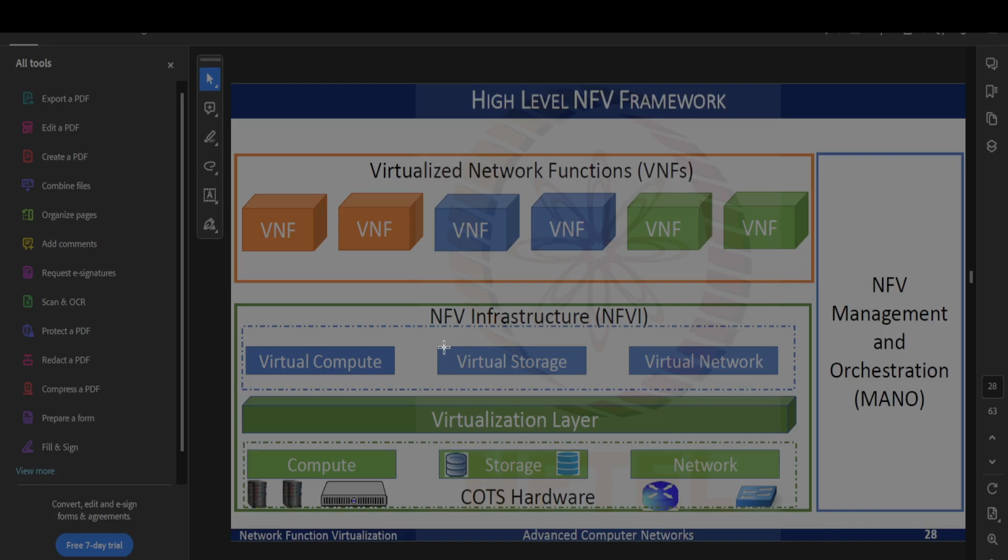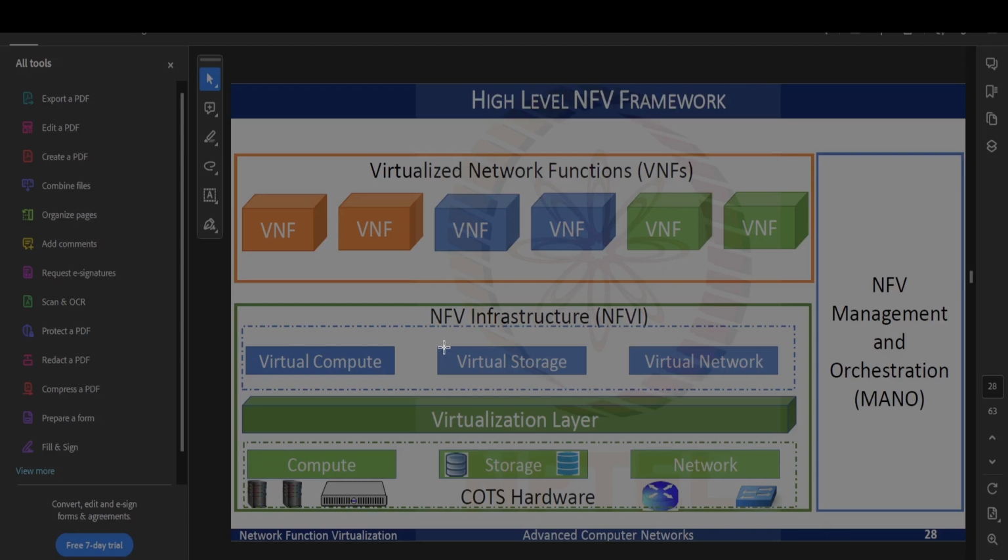So what does NFVI comprise? It will have the actual hardware resources, the compute, storage and network resources, and a virtualization layer, typically a hypervisor. The virtualization layer will provide the virtualized compute, virtualized storage, and virtual network, and this whole thing forms the network function virtualization infrastructure.